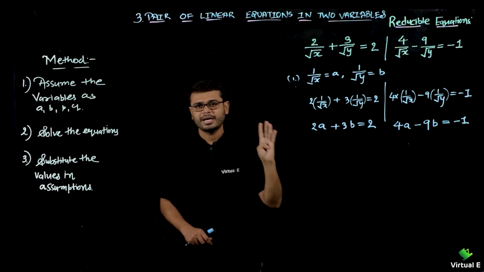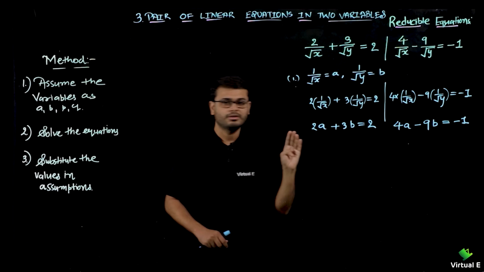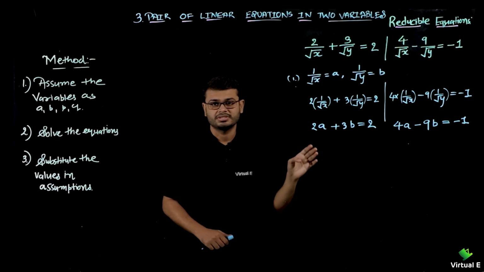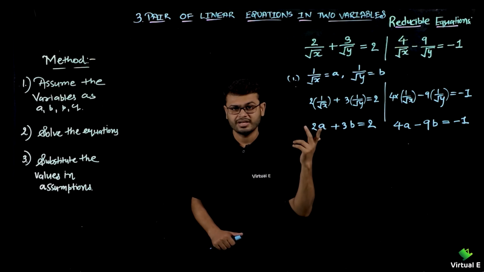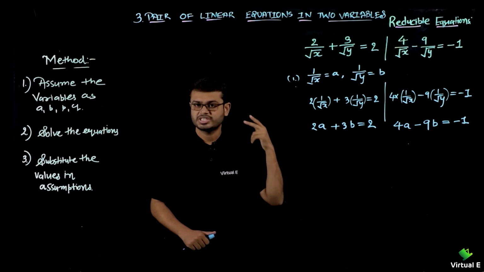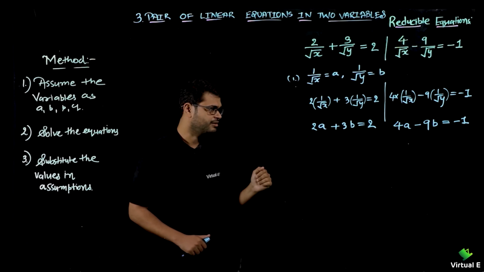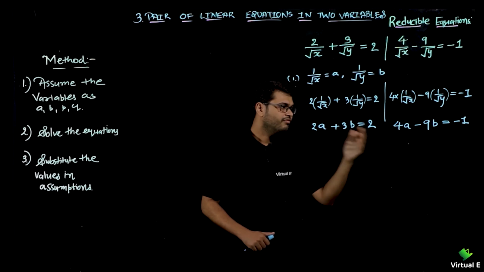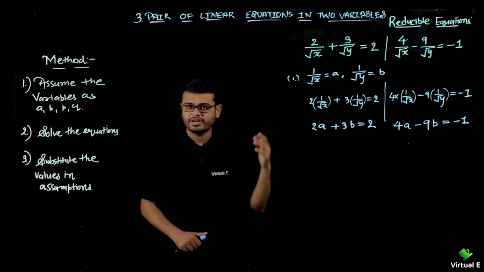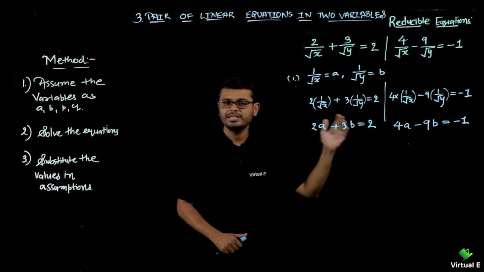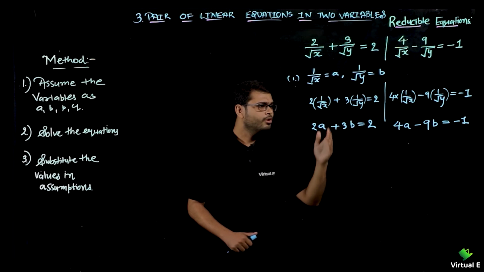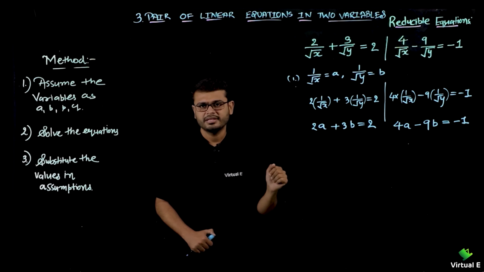Now we have four methods to find the solution of these equations. You can choose the graphical method, substitution method, elimination method, or cross multiplication method. If you want to choose any one of them, you are free to do it. The answer is going to remain the same. Suppose I want to do the elimination method in this case.